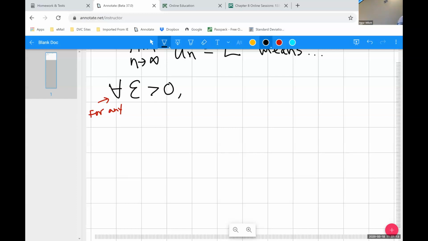So as n goes to infinity, for every epsilon greater than 0, there exists a natural number N such that. There we go. This is there exists.